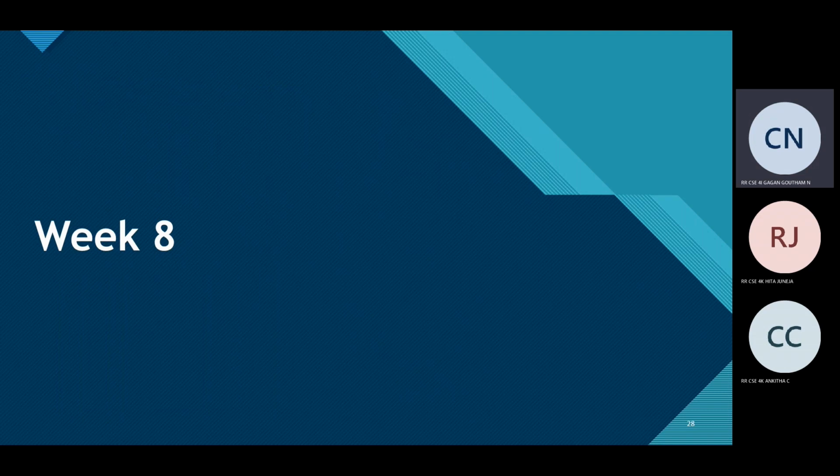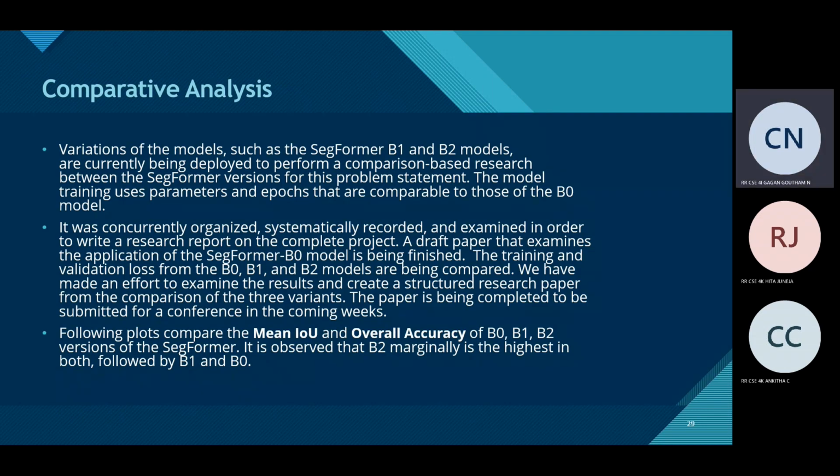This is the weekly report for week 8. After implementing all the three models, we realized that a comparison was required for all the three models because they were similar, and this would have given a much better understanding about all the three models.